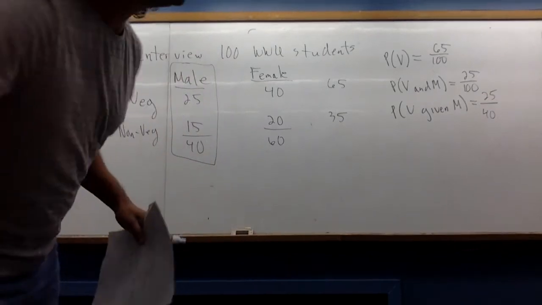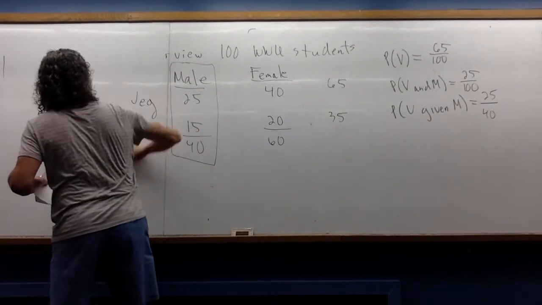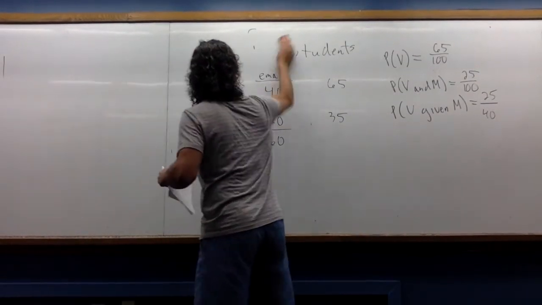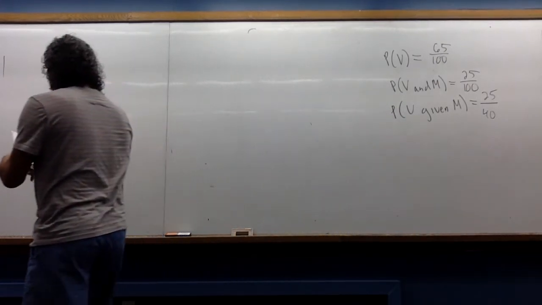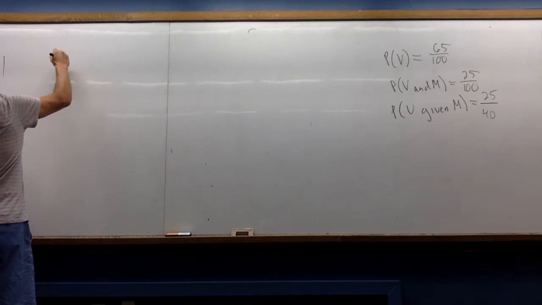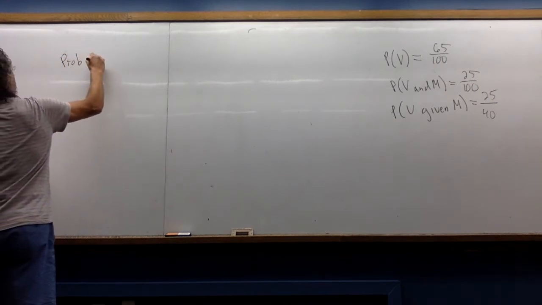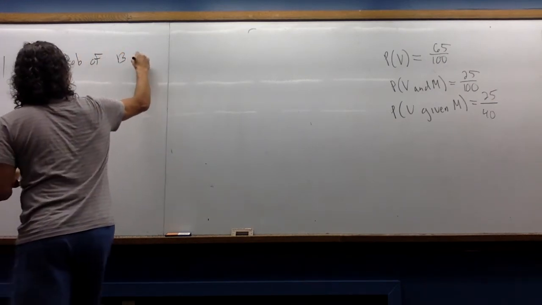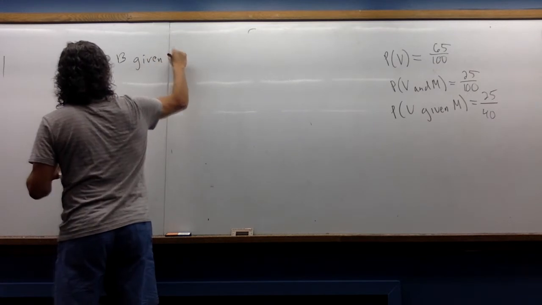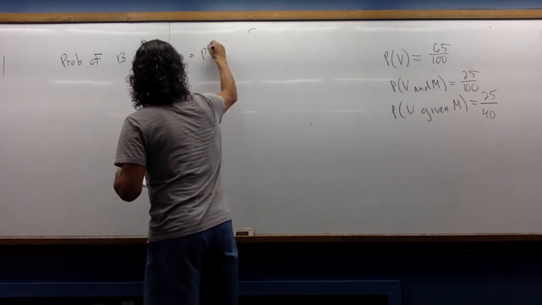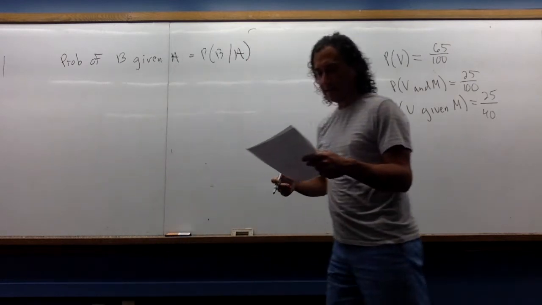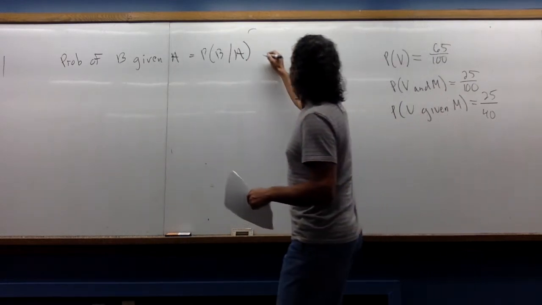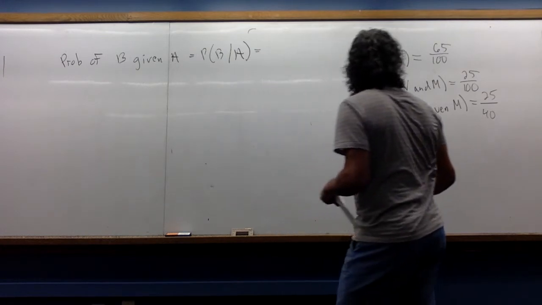Let's articulate that in a formal definition using what we just did as an example. The probability of B given A is denoted with this line here. How did we get that?